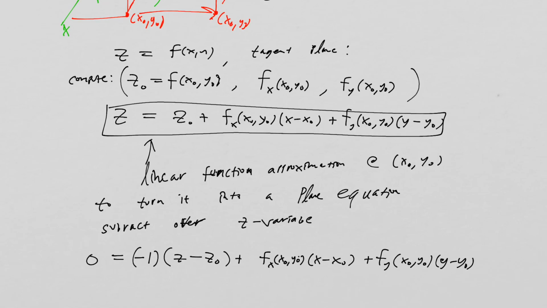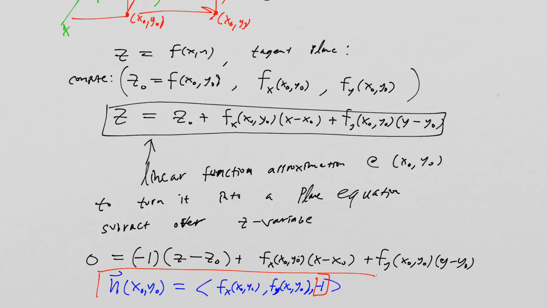This looks pretty good, and we can see clearly that the normal vector has a really special look to it. It's going to be f_x at x naught, y naught, f_y at x naught, y naught, and then negative 1. That's the key thing here: the z component is always going to be the same, just negative 1. So here is our formula for that normal vector. I think that's the best way to represent these surfaces and find that normal vector.